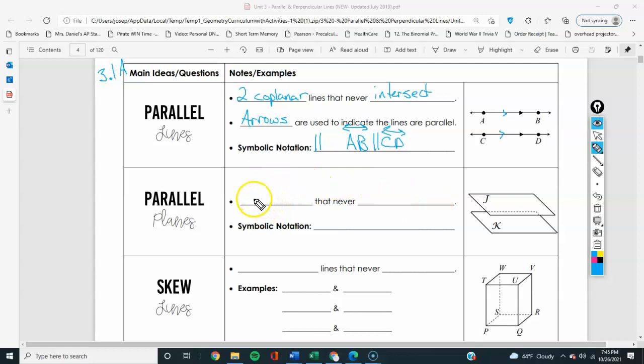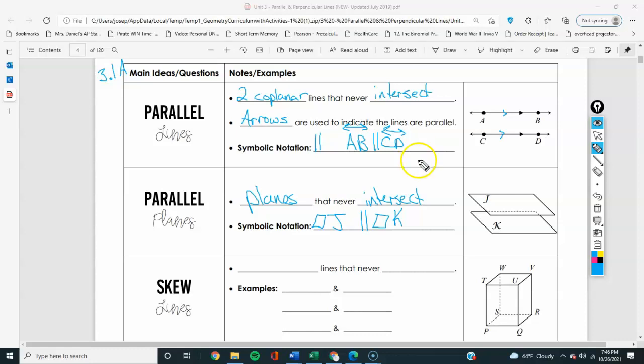So these are two planes that never intersect. For symbolic notation, I would say plane J is parallel to plane K. Doesn't really come up a lot. I'm not too worried about it.